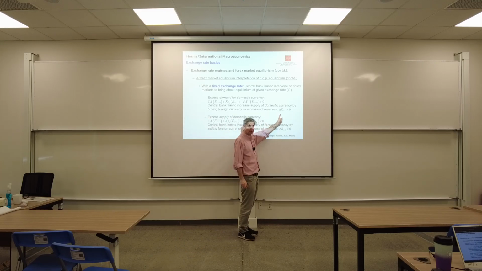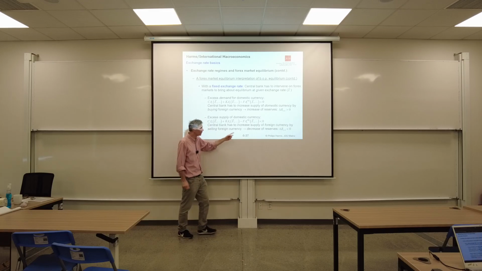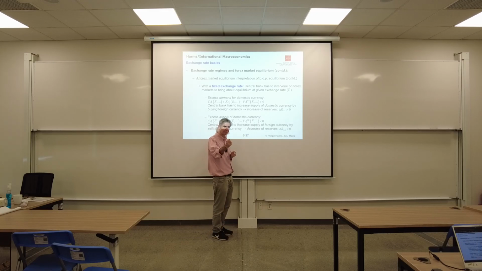Now, there's a catch, however. If you increase foreign reserves, you're selling your own money to buy foreign reserves. That's something that you can always do because you are the central bank. So you create your own money, everybody wants to have it, so be it, right? Now, in the second case, this is tricky because if you want to sell foreign reserves, you have to have them in the first place. It's like, if I want to sell mangoes, I have to have them.